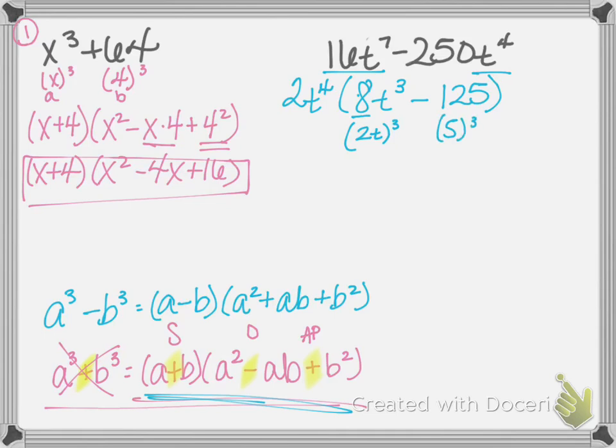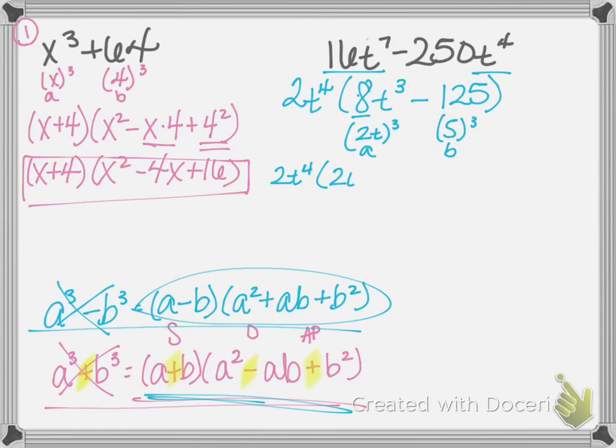So now that I have my A value and my B value, I'm going to plug it in. The GCF is still there. It never disappears. It just sits in front until we are completely done. And again, I'm going to ignore this first piece, and I'm just going to plug into my parenthetical statements.